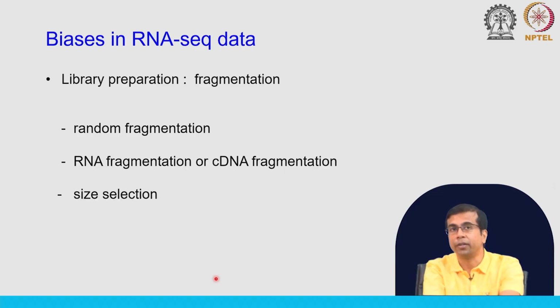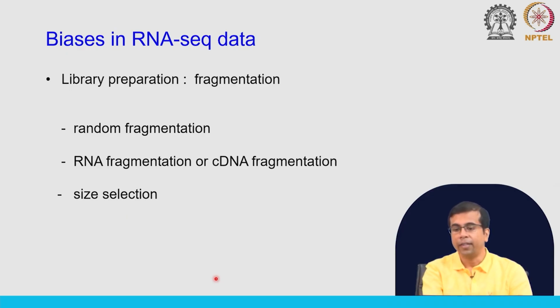After this fragmentation, because this is a random process, you generate fragments of different size, and before you go for sequencing, you have to do something called a size selection. Again, if these fragmentation processes are biased towards certain sites, you can see only certain fragments are getting selected at the size selection step, and long fragments are excluded from sequencing.